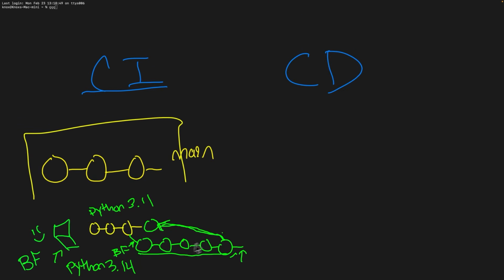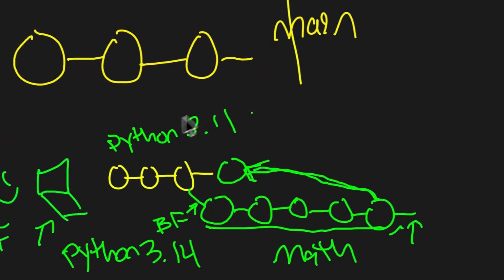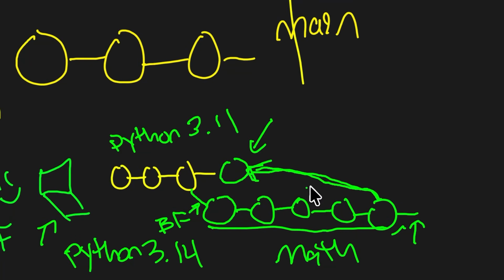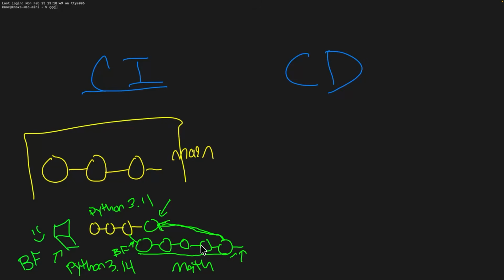We don't know until we go to integrate these code changes into the environment. I may have installed a package in Python that helps me do math, makes writing code to do math simpler. Is that package currently installed in the main environment? We don't know. These are all integration risks.